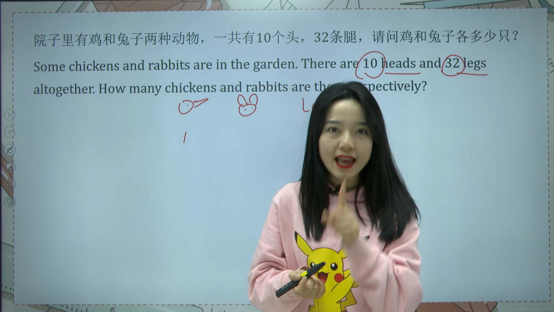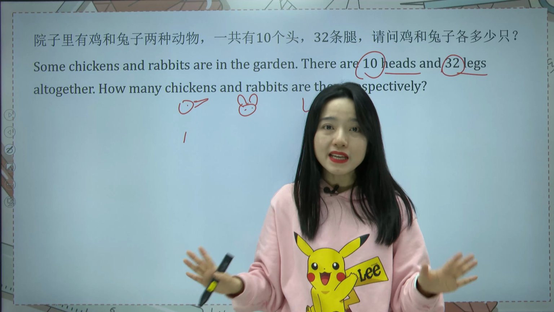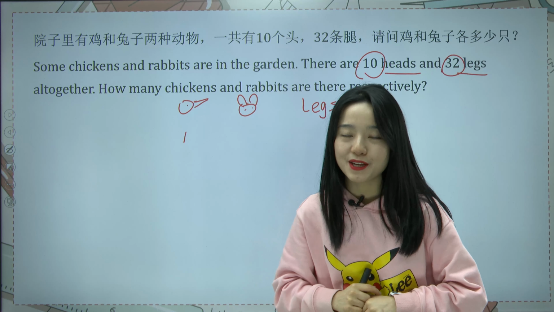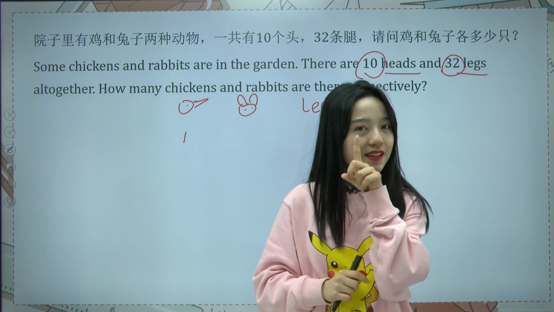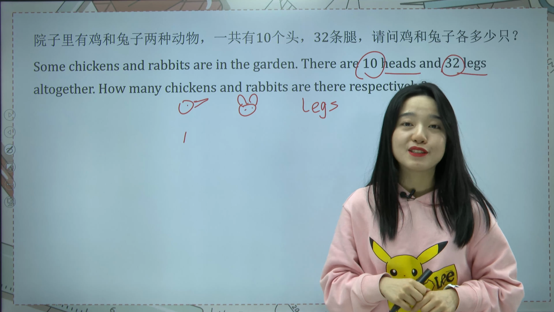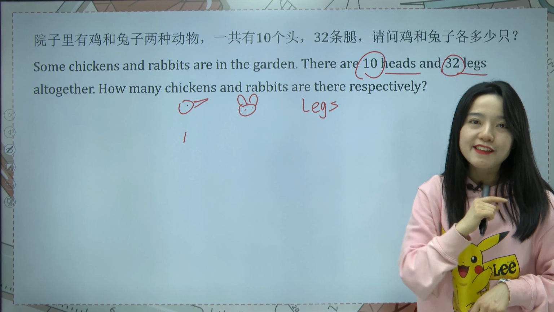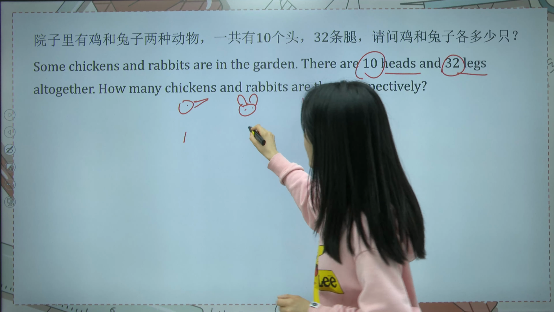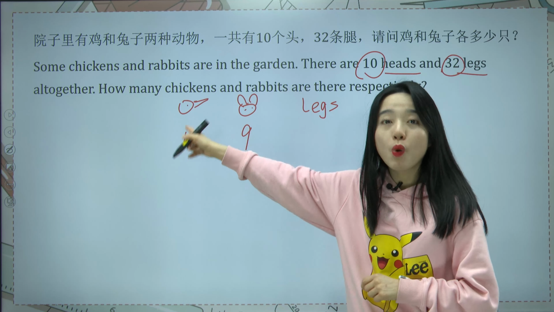Because we have 10 heads altogether, that means how many animals are here altogether? One chicken has one head and one rabbit also has one head. So 10 heads means 10 animals altogether. There are only 9 rabbits when there is one chicken.